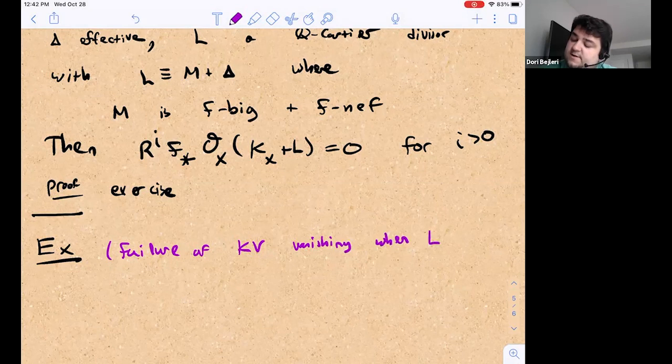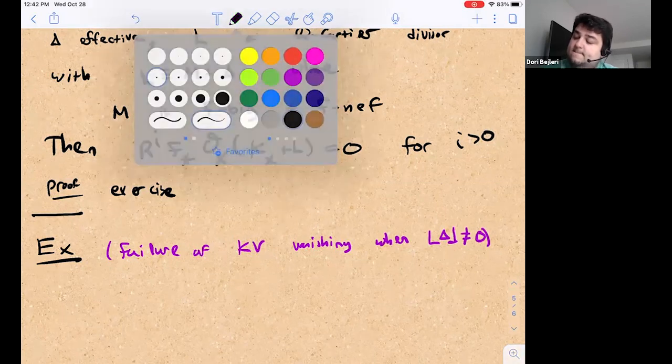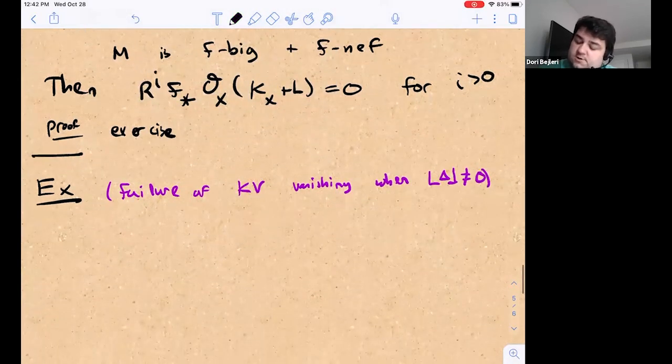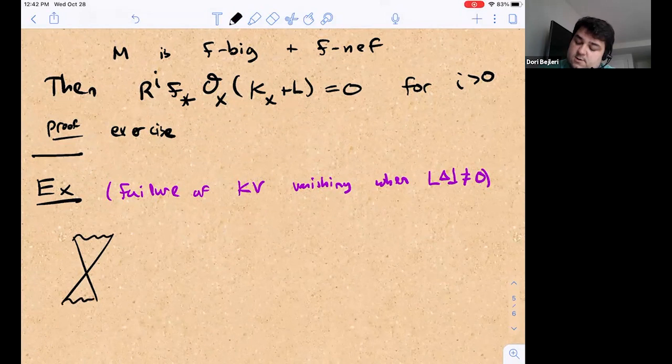So I'll write it as the failure of KV vanishing when the round down is not 0. So where you have some components of coefficient 1. So it's just our usual example of some cone. Those are really the easiest examples to get your hands on. This time, let this be the cone over an elliptic curve.